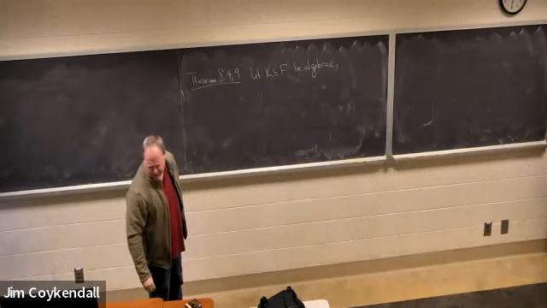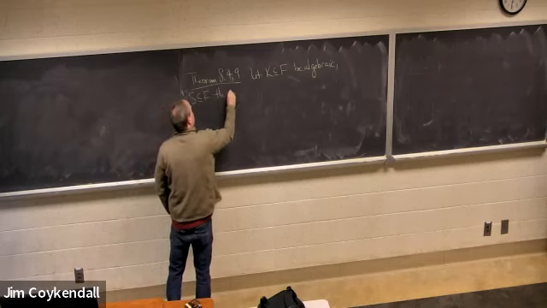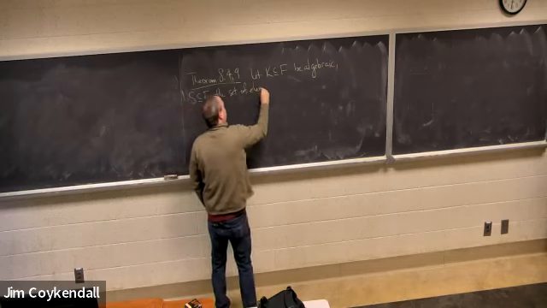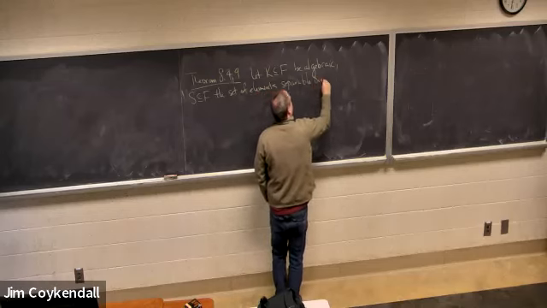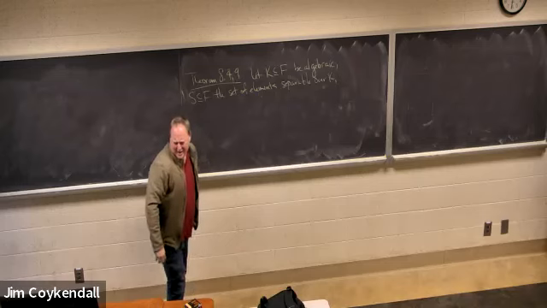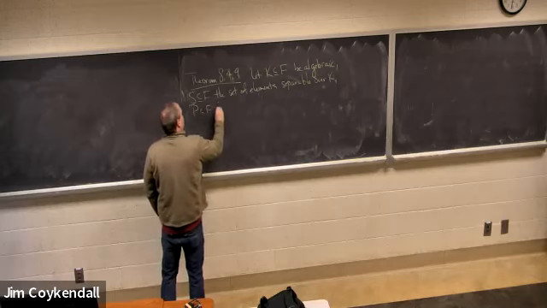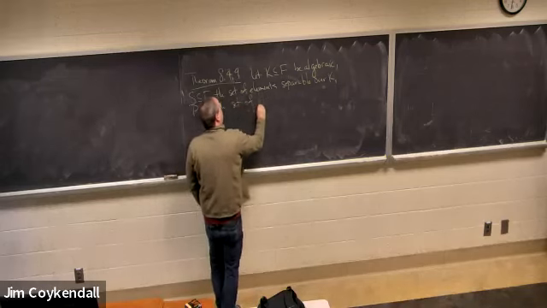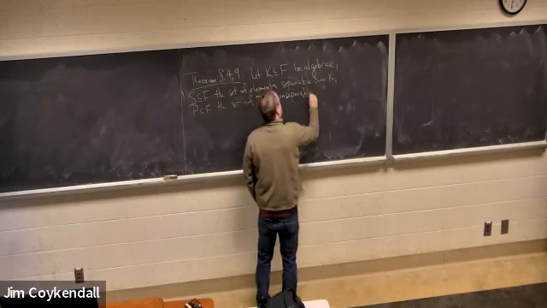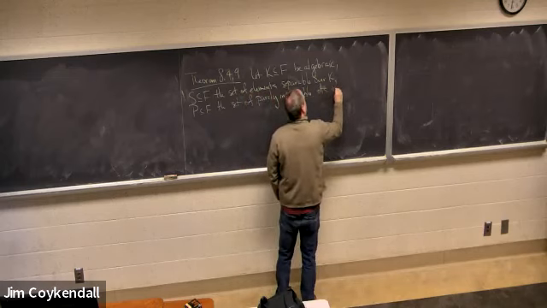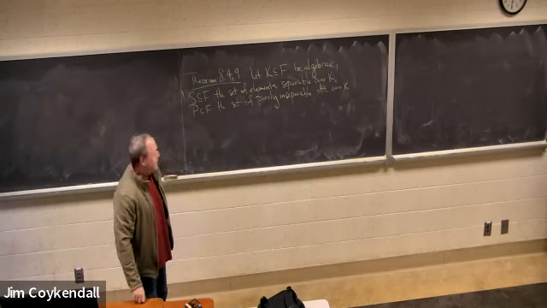Let S be the set of elements that are separable over K, and P the set of elements that are purely inseparable over K. So F, we've got some of these elements that are separable.